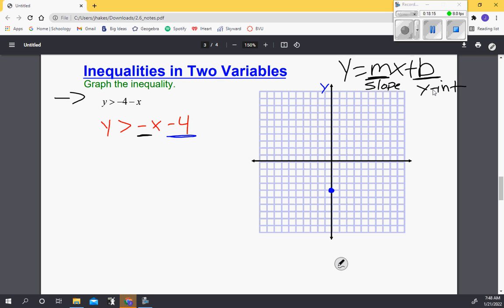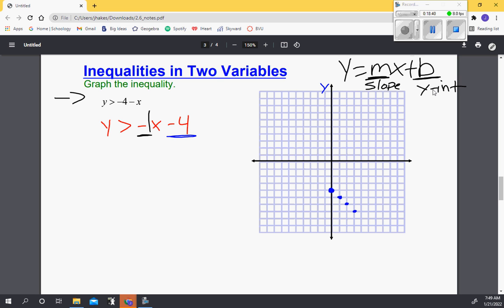It's really just negative 1. So we have to go down 1 and over 1. Down 1 to the right 1. Okay, there's our line.